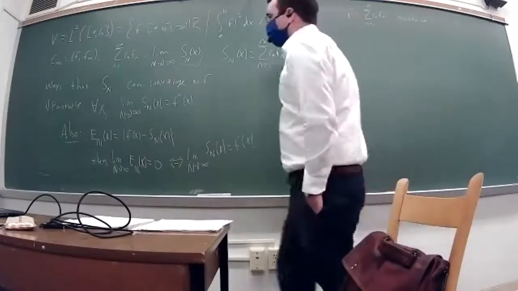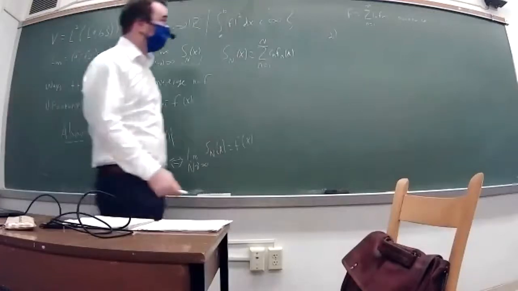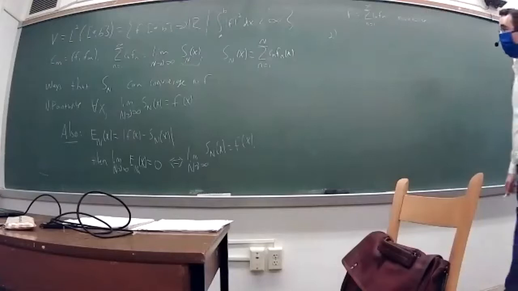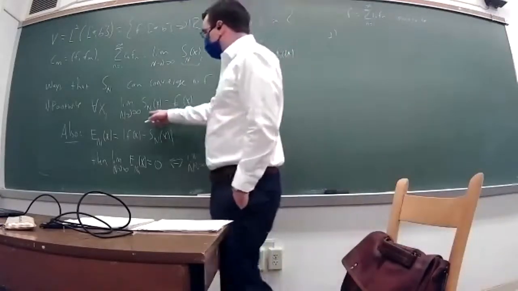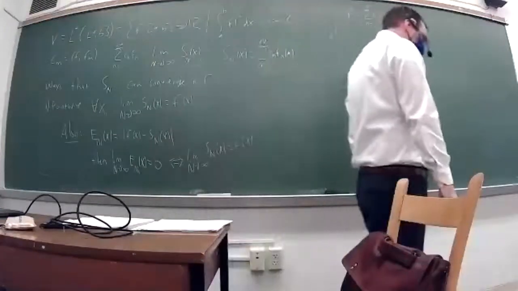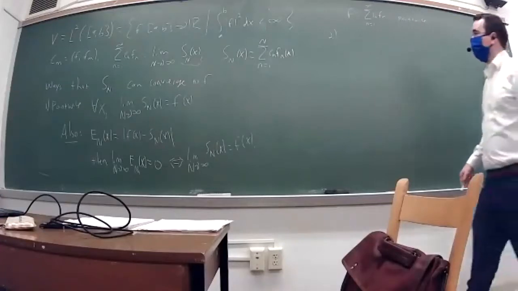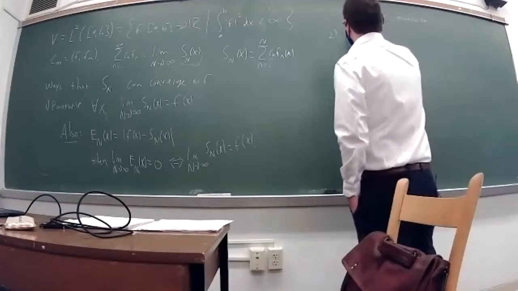And the next type of convergence that you can look at is convergence in norm. So you've got your sequence of functions Sn, and you've got a norm on this vector space. So you could define maybe a new kind of error.